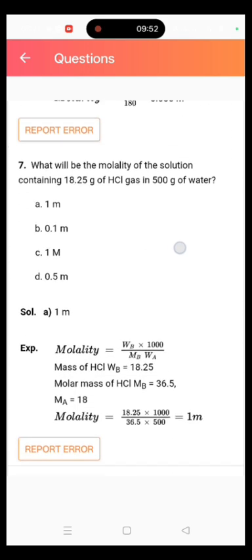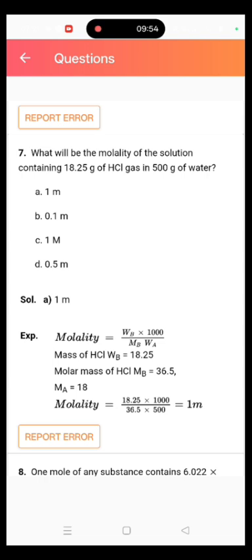Okay. Next, what will be the molality of the solution containing 18.25 gram of HCl gas in 500 gram of water? Molality of the solution is number of moles of solute divided by mass of solvent in kilogram.